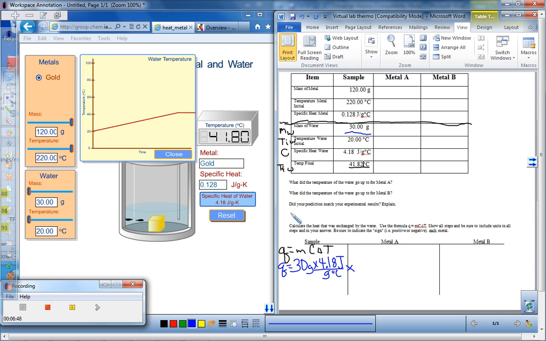Well, I really don't have a change in temperature calculated, so let's calculate that. Change in temperature is going to be the final minus the initial.